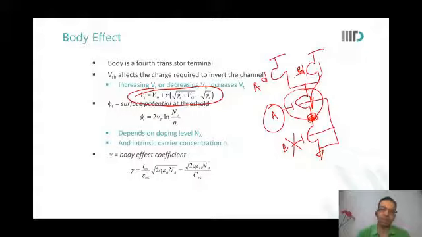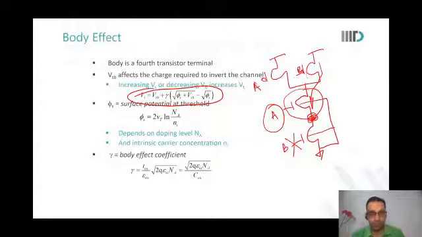Whatever it is, one thing is clear, that there is a VSB that this device will experience, because body is definitely at 0. And we are saying there's some voltage at the source. So we will have a change in VT of the device. The VT of the device would increase. And what do we observe? We observe a reduction in leakage. This reduction in leakage is called stack effect.